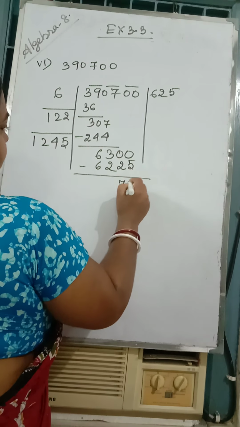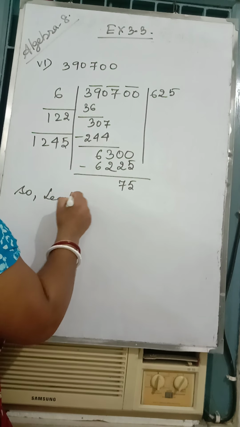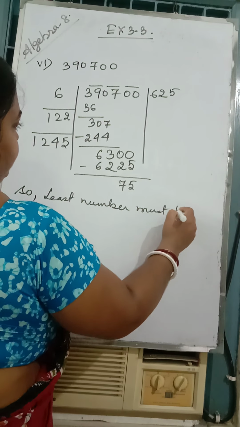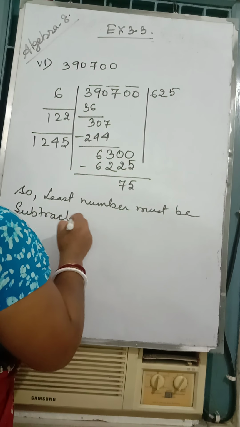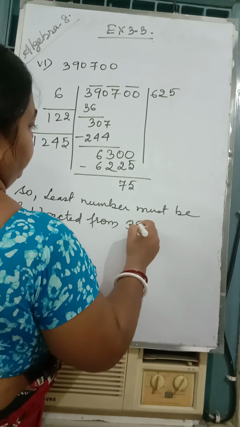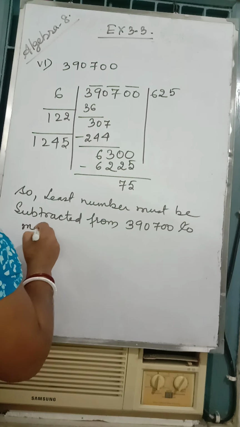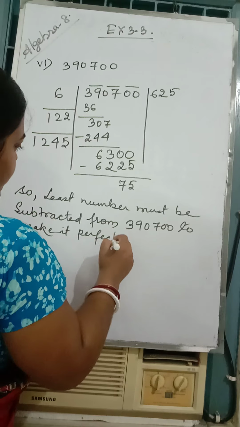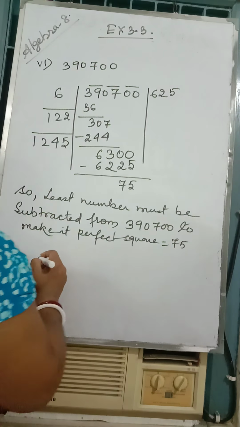So this is 75. So the least number that must be subtracted from 390700 to make it a perfect square is equal to 75.